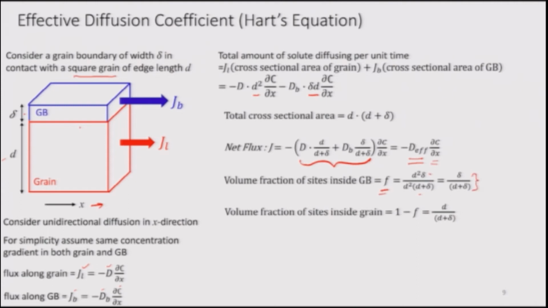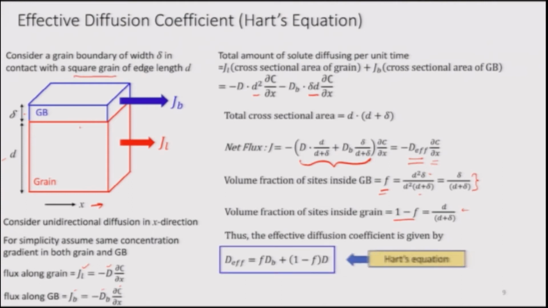Similarly, the volume fraction of sites inside grain would be 1 minus F, which comes out to be d over (d plus delta), and hence the effective diffusion coefficient can be expressed as D effective is equal to F times D_B plus (1 minus F) times D. This is known as Hart's equation.